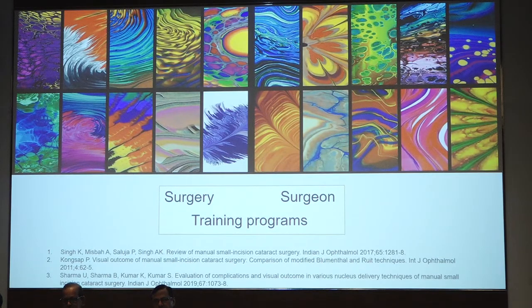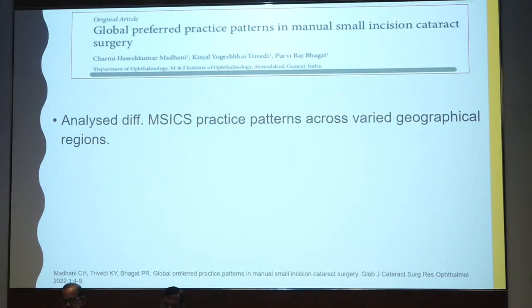So we understand that there are a lot of variations in the MSICS technique with respect to the technical steps, with respect to the surgeries overall, with respect to the surgeon's preference, and therefore the training programs that exist with MSICS. So we did a study where we analyzed the different MSICS practice patterns across various geographical regions of the globe.